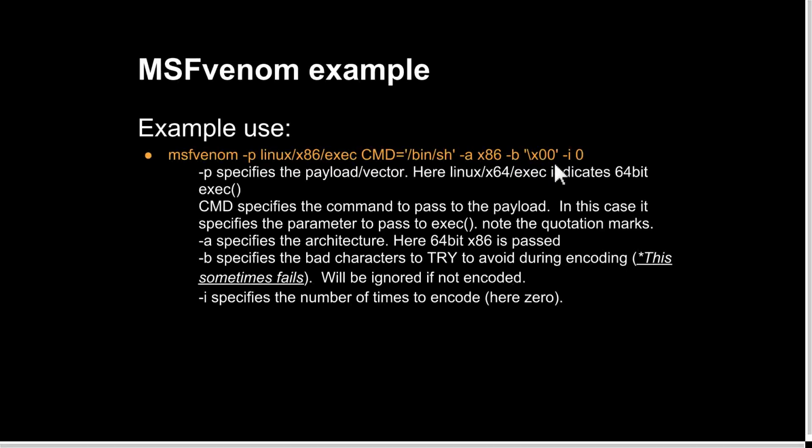Like I said, the encoder may generate encoded shellcode that does have zeros in it if it's not told specifically to avoid it with this MSF Venom utility. -i tells it the number of times to encode. It is common for the encoder to encode with the chosen algorithm at least about 4 times. Sometimes it'll do 20, maybe it'll do 100.